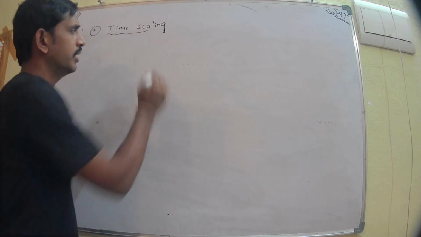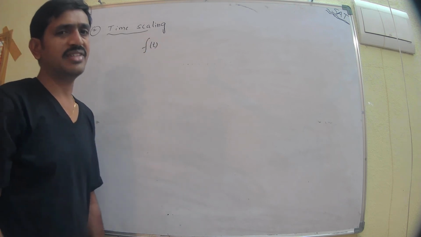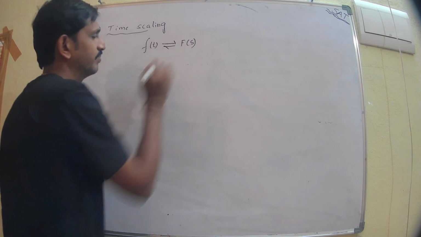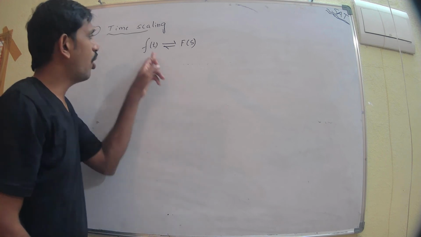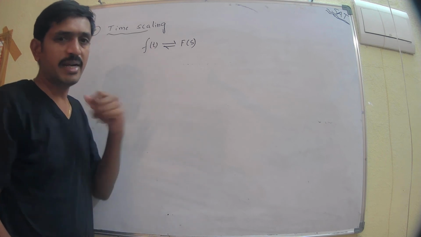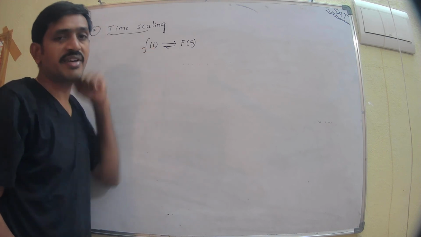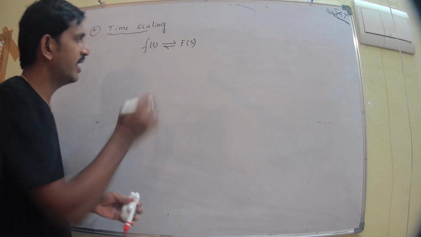Let us suppose f(t) in the time domain has transform F(s). If I multiply t by any constant in the argument of this function, that is called time scaling.